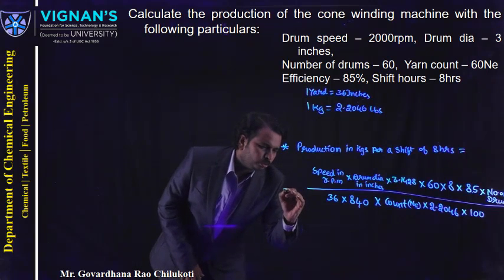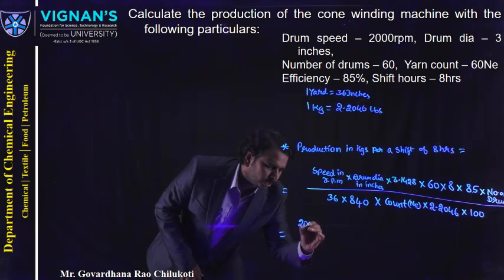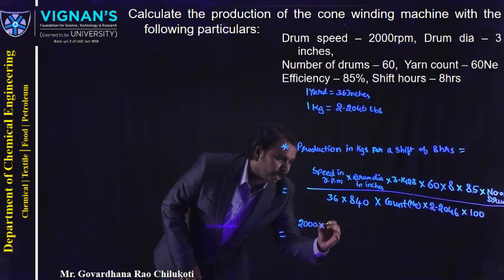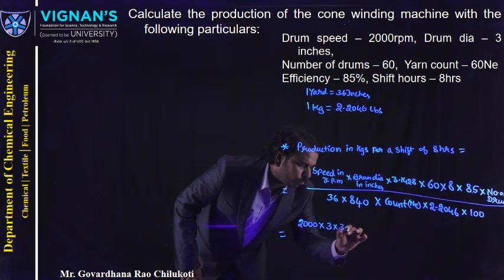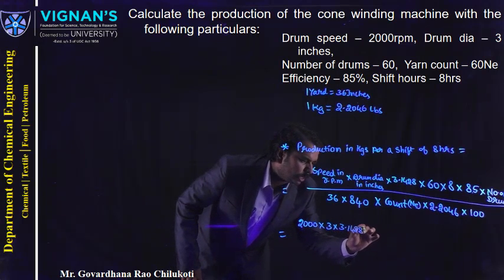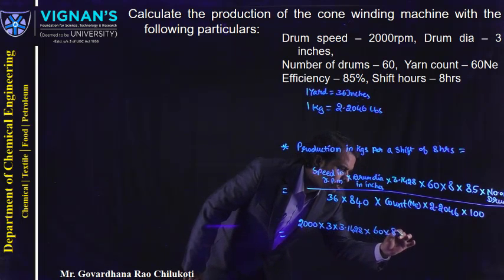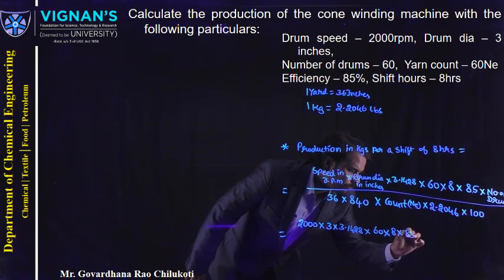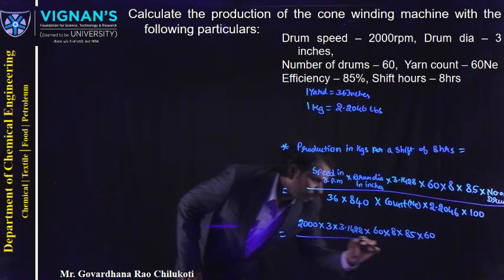To calculate the production: speed in RPM, that is 2000, multiplied by drum diameter, 3 inches, multiplied by 3.1428, multiplied by 60 into 8, which is the time, 85 is the efficiency, and 60 is the number of drums given.